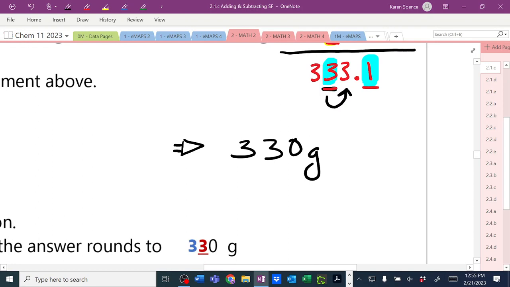Just because it's good review for your test, how would you write this in scientific notation? Are you happy with what I've written? No, because this number here has 2 sig figs.